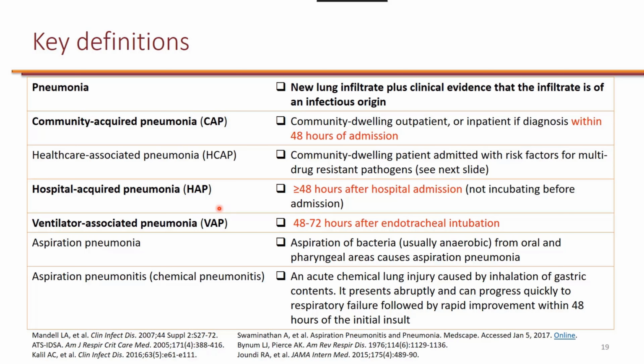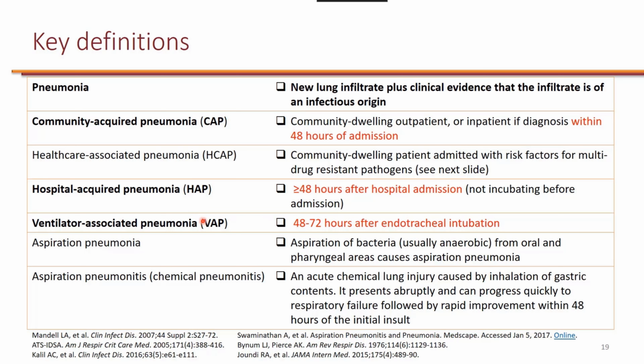Now, there's also ventilator-associated pneumonia, which is basically at least 48 to 72 hours after intubation. So if it's pneumonia 4 days after intubation, it's considered ventilator-associated pneumonia. Now, keep in mind that all ventilator-associated pneumonia patients are actually hospitalized.